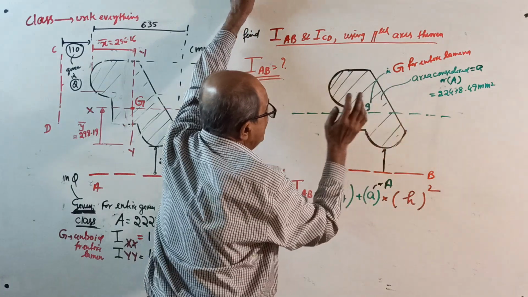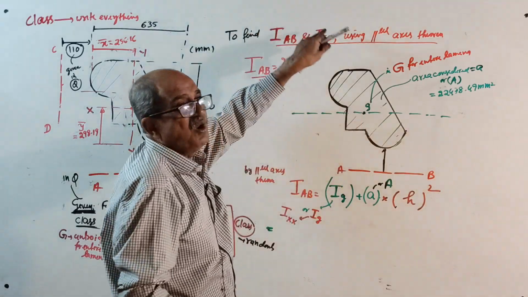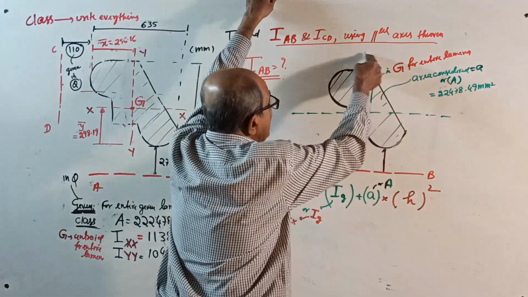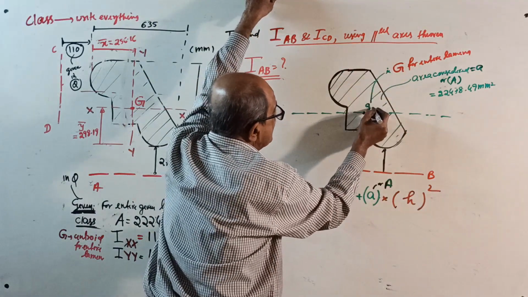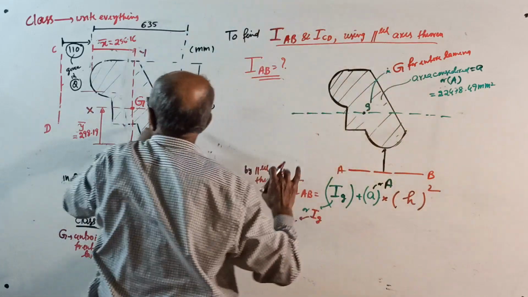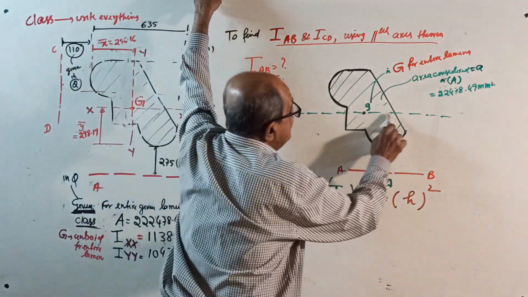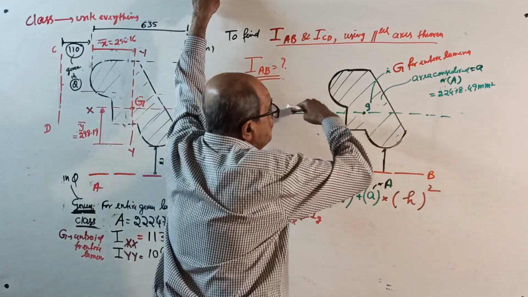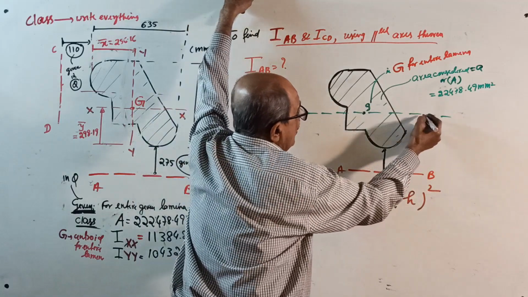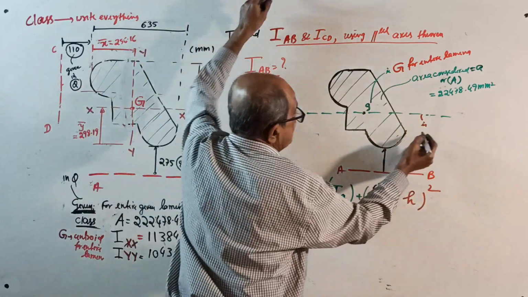Entire area is A. Now, this is centroid G for the entire lamina, not part by part. Capital G is given here. And this is your axis parallel to AB and passing through the centroid, which is actually XX.